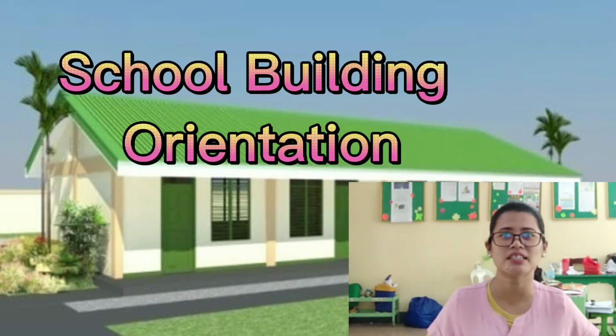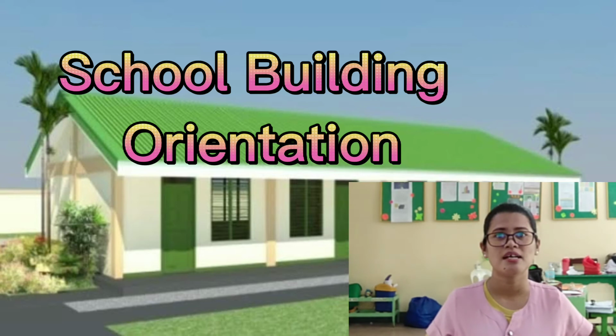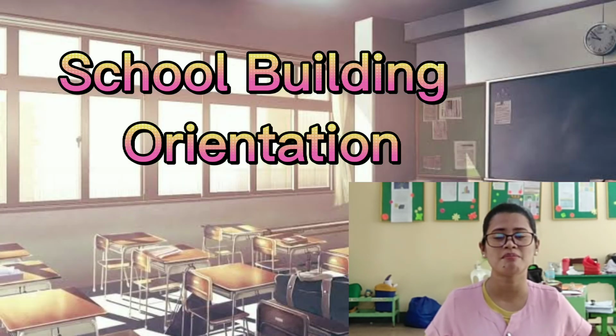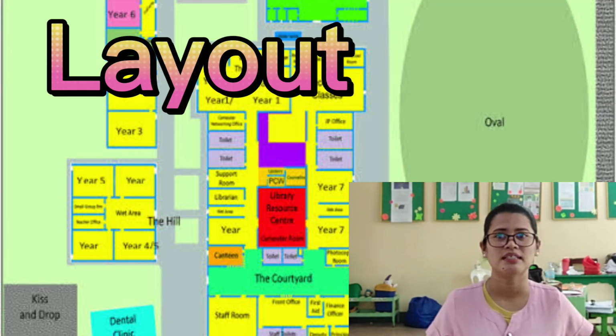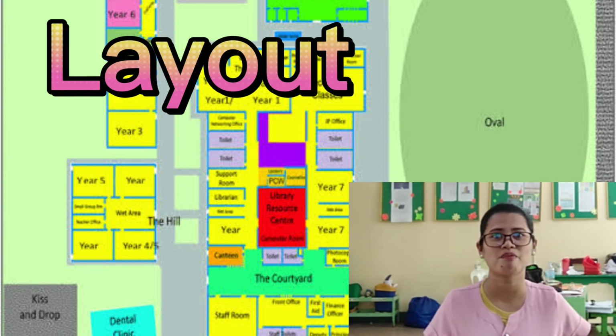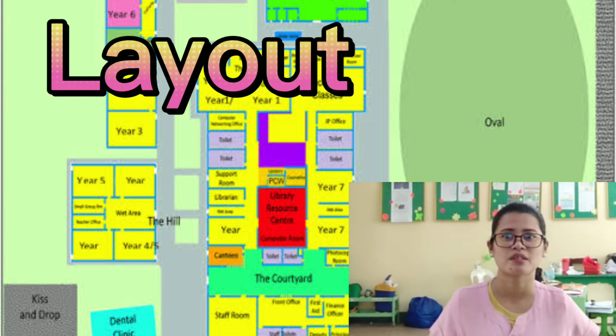The proper orientation of school building aims primarily to minimize direct sunlight inside the classroom and to minimize the entrance of breeze air or air currents into them. Fourth, layout. The layout of school buildings on the school site refers to the location and arrangement of school buildings to achieve maximum functional efficiency and aesthetic effect.